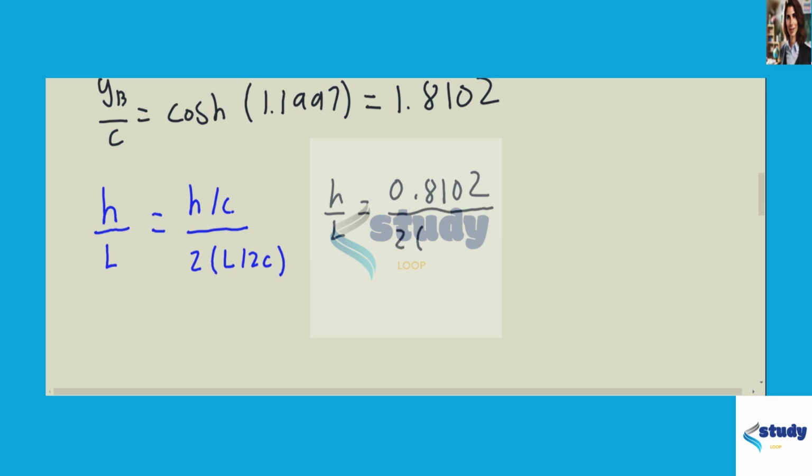And then this term, L over 2C, we already calculated to be 1.1997. So the sag to span ratio is going to be equal to 0.338.